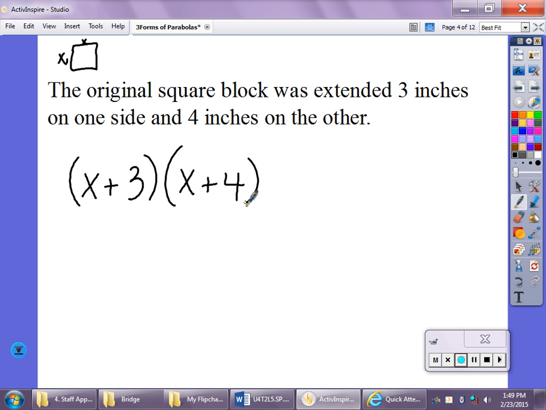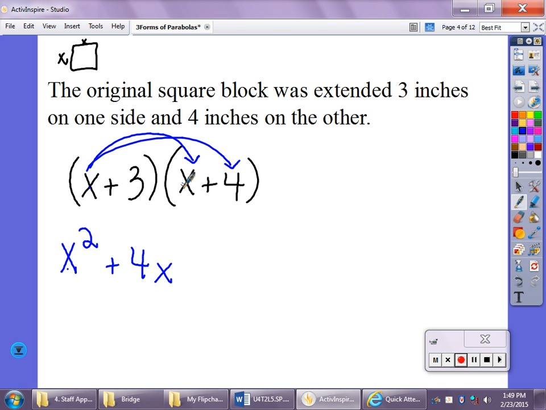Now at this time, you can pause the video. You can either draw this out and solve it that way, or you can use the double distribution FOIL. Okay, I'm going to go ahead and use double distribution. So x times x is x squared. x times 4 is 4x. Now, a lot of times students want to say 2x.